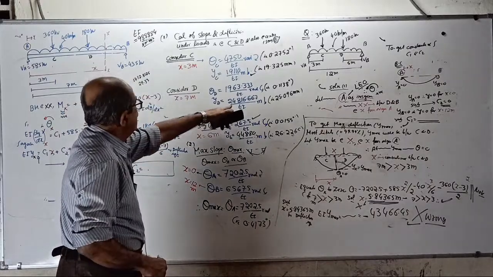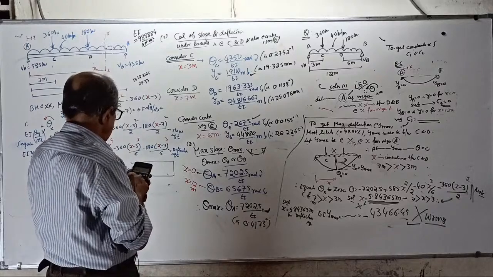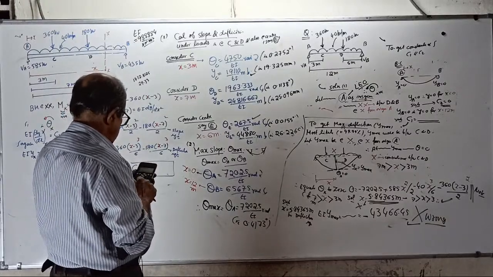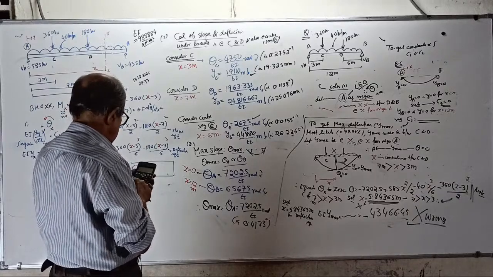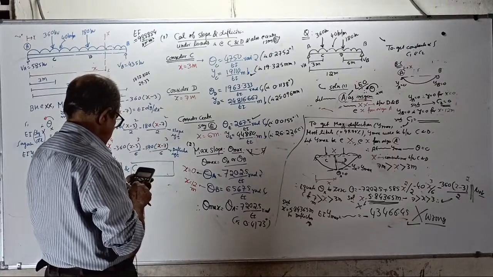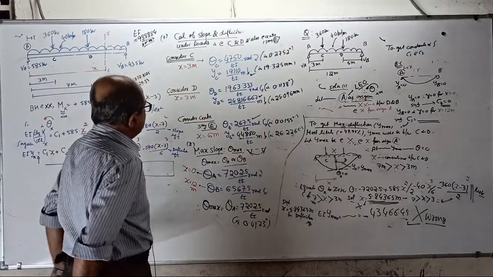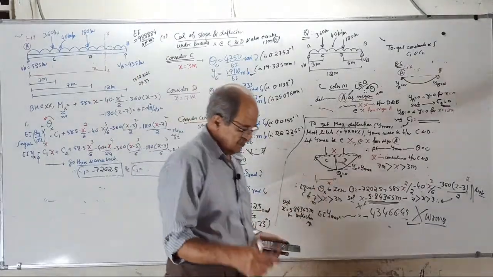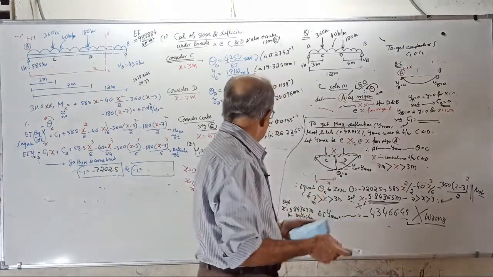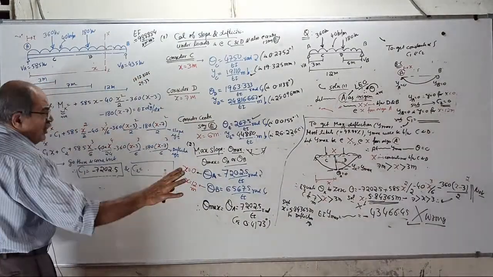And I check D. 244,816. That is also correct. Then the X is wrong. Oh. Okay.